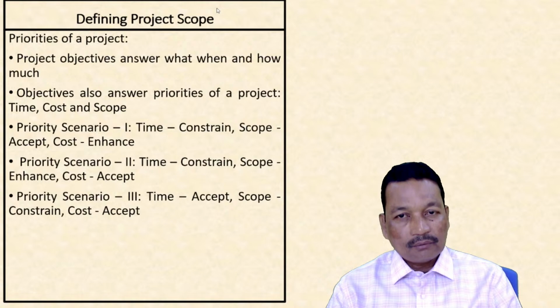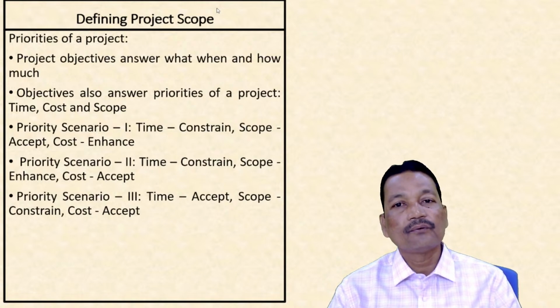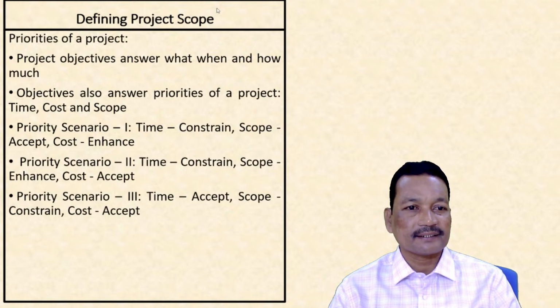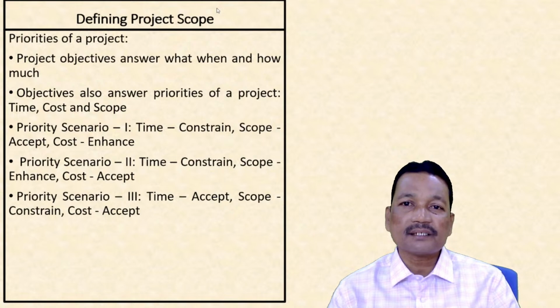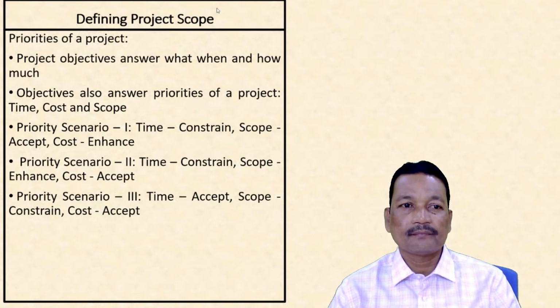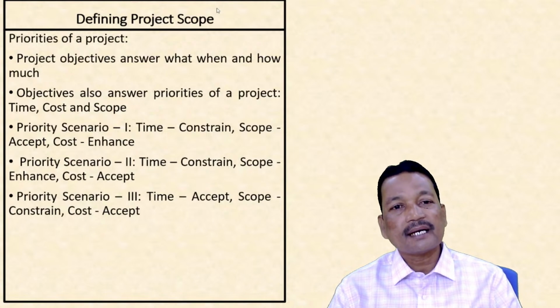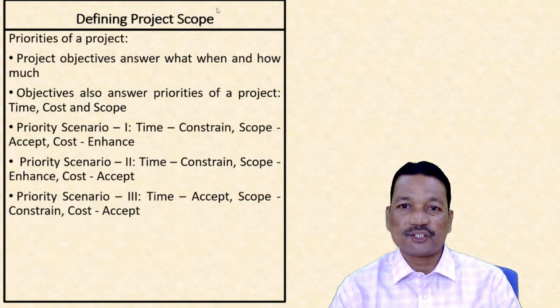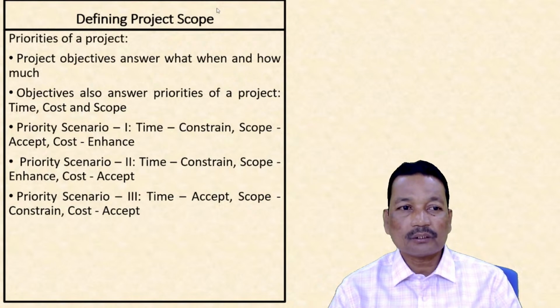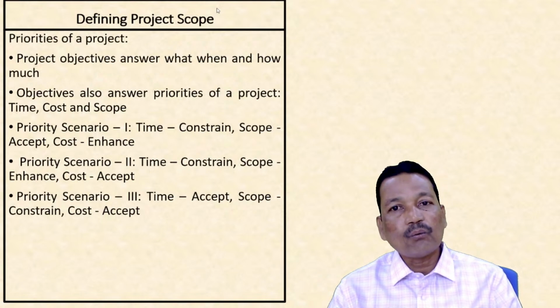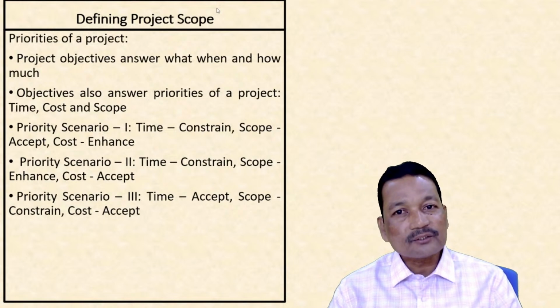Now, while defining project scope, we think of what the various priorities of a project are. When we say priorities, that means the things that are important for a project. Project objectives answer what, when, and how much. What means what the project will be delivering in the long term after it is completed, or whom it is going to reach.